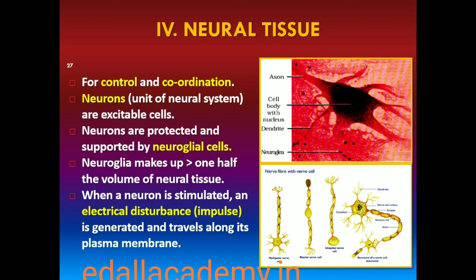7.1.4 Neural tissue. Neural tissue exerts the greatest control over the body's responsiveness to changing conditions. Neurons, the unit of neural system, are excitable cells. The neuroglial cells, which constitute the rest of the neural system, protect and support neurons. Neuroglia make up more than half the volume of neural tissue in our body.